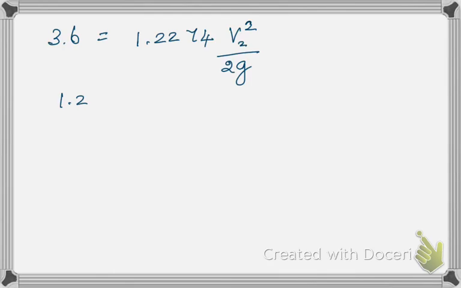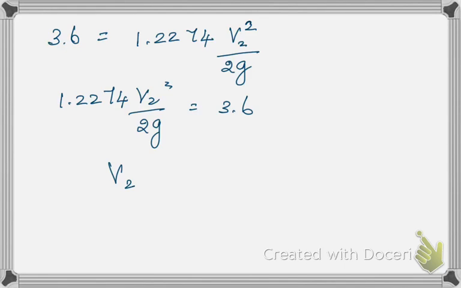Okay, now this becomes 3.6 is equal to 1.2274 V2 squared by 2g. 1.2274 V2 squared by 2g is equal to 3.6.